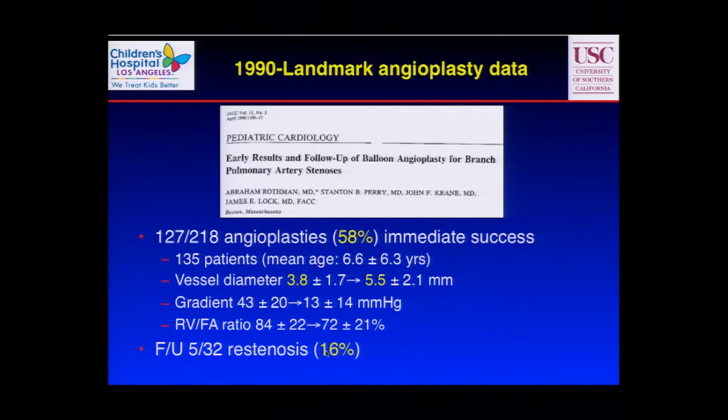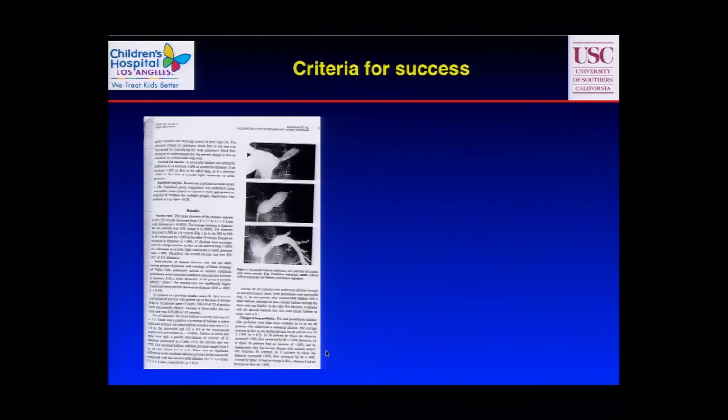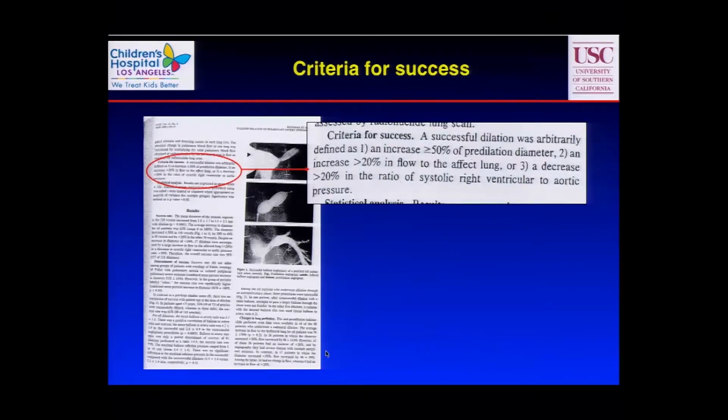16% restenosis rate. This is interesting. If you look at that original paper, the criteria of success says if you increase the diameter by 50%, increase the flow by 20%, or decrease the right ventricle pressure ratio by 20%, that is successful. But I want to point out a very interesting word here, and that is the word arbitrary.